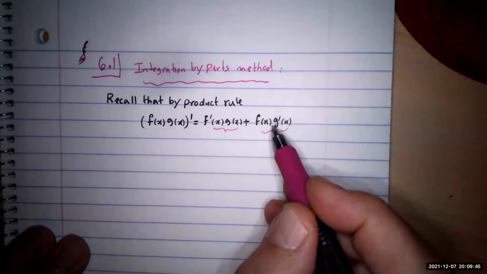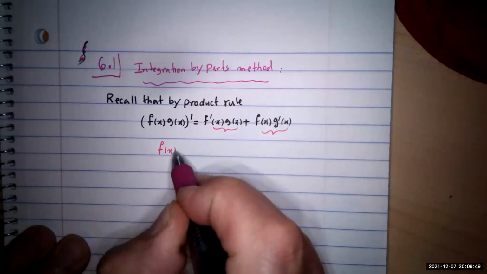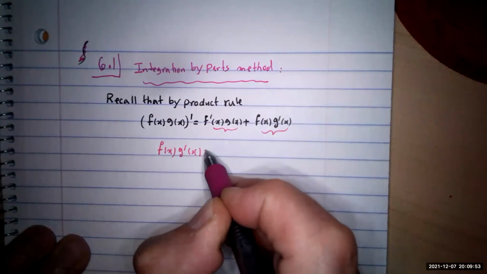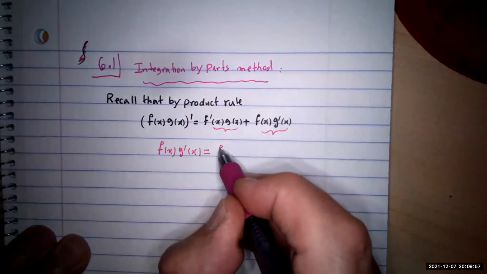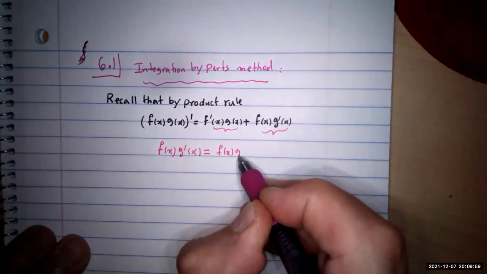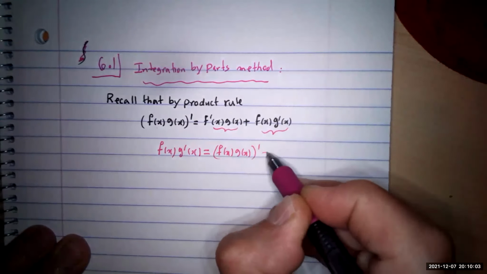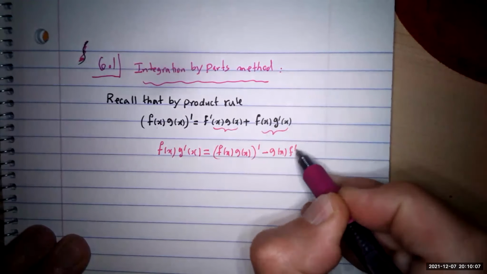So that gives me f of x, g of x, prime, minus g of x, f prime of x.